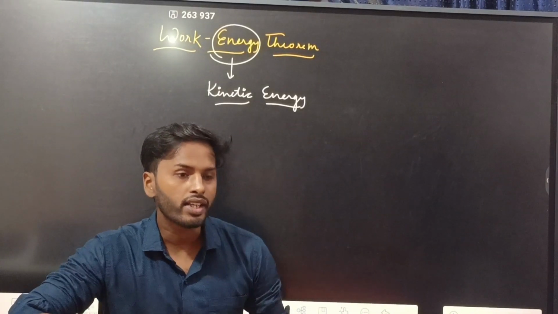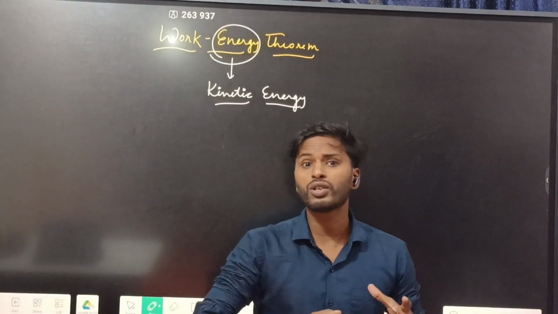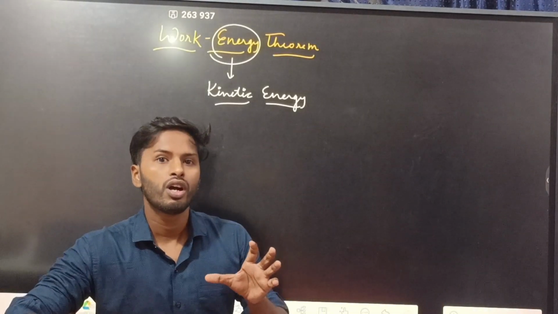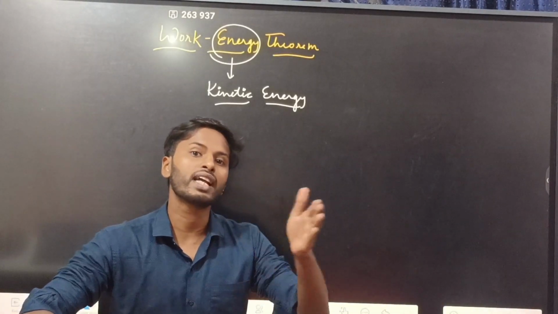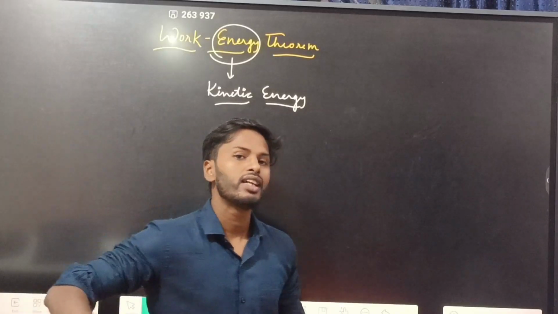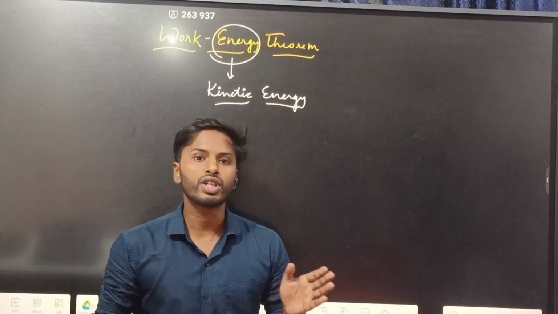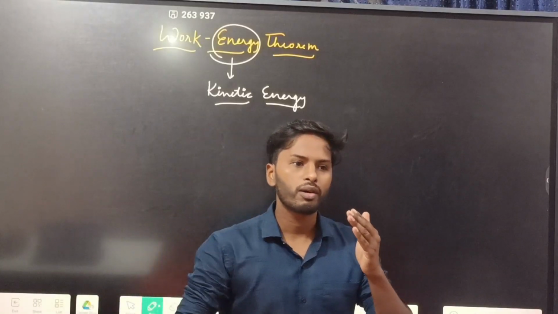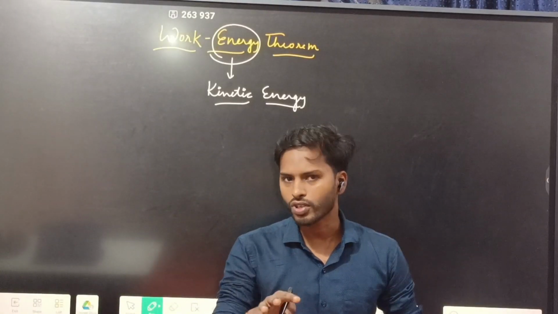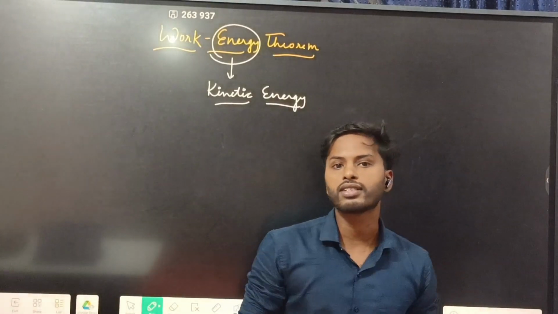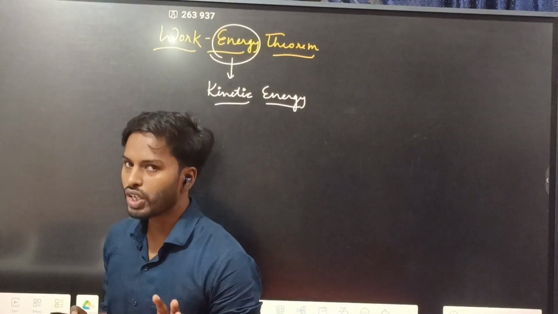Kinetic energy is directly related to motion, and it is related to how work increases an object's speed. But potential energy is the energy which is stored due to position and height from the surface of the earth. So in this theorem we always consider kinetic energy, not potential energy.